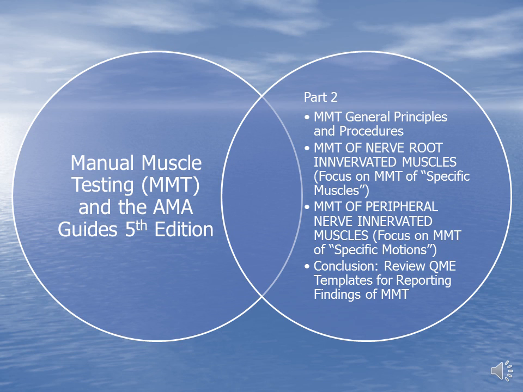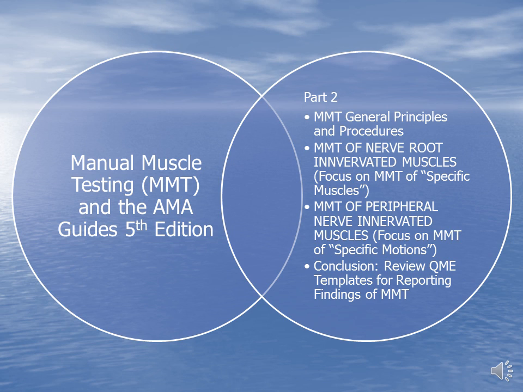Then in part 2, once we establish some general principles about muscles, then we're going to get into some general principles and procedures about manual muscle testing specifically. And once we establish some general principles for how it is that we actually do manual muscle testing, we're then going to get into some specific tests, first for nerve root innervated muscles, in other words, muscles innervated by spinal nerve roots, and this comes out of chapter 15.